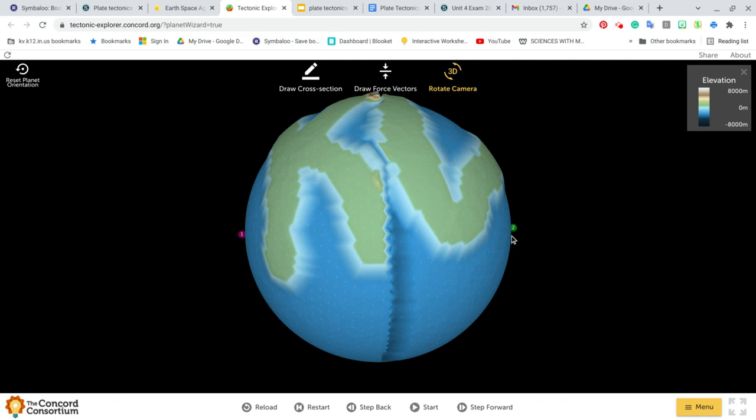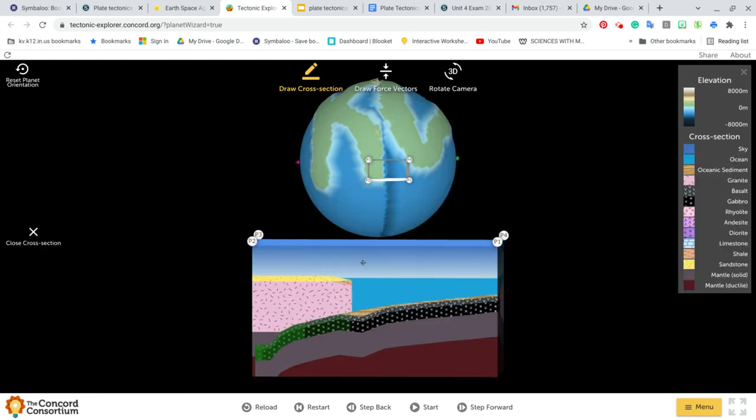Because the oceanic crust is going to be heavier. So we want to see what's happening down here. So we're going to draw this cross section right there. Okay. There we go. We have the oceanic crust going underneath the continental crust.